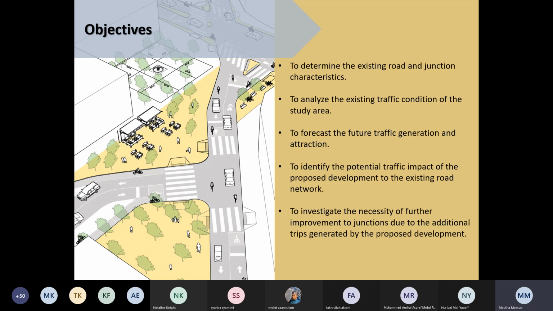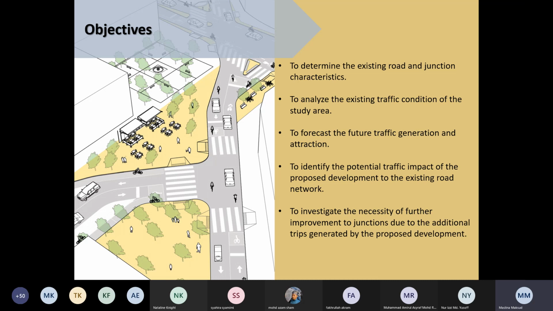The objective also is that we want to forecast the future traffic generation and attraction for various directions of the study area. This is to identify the potential traffic impact of the proposed development to the existing road network.